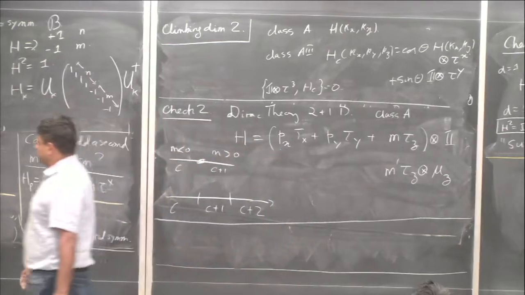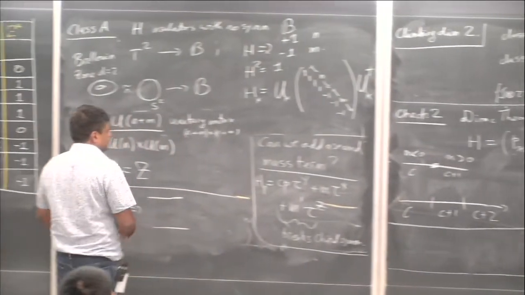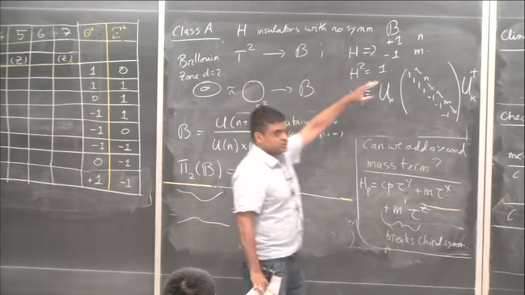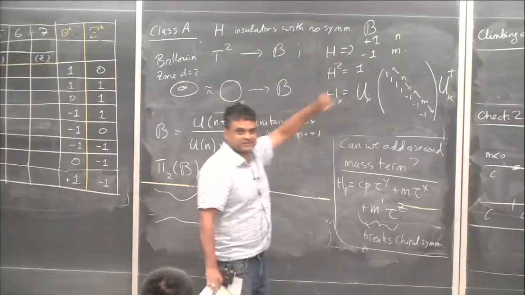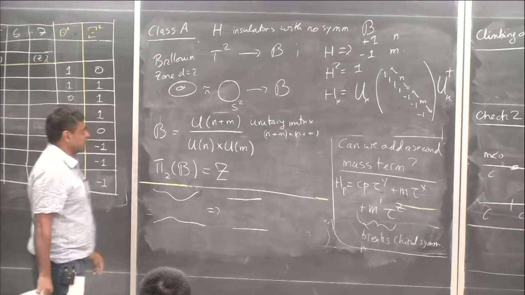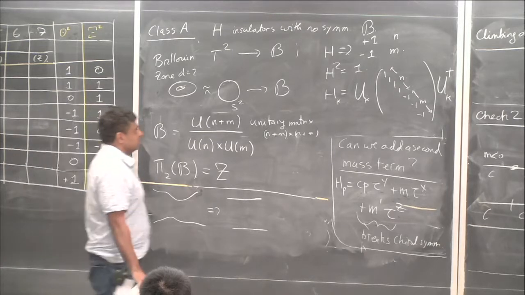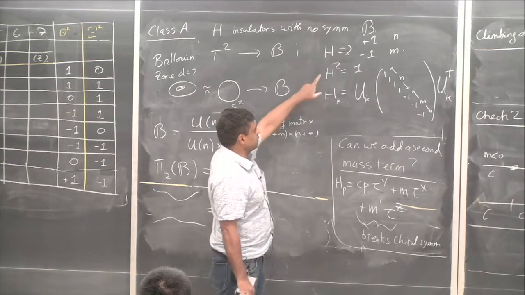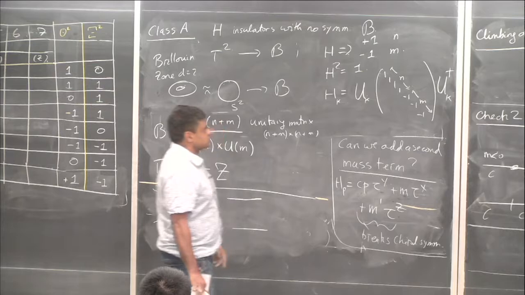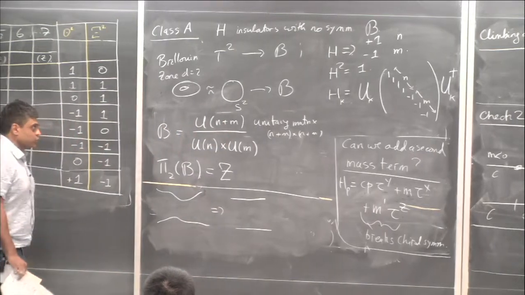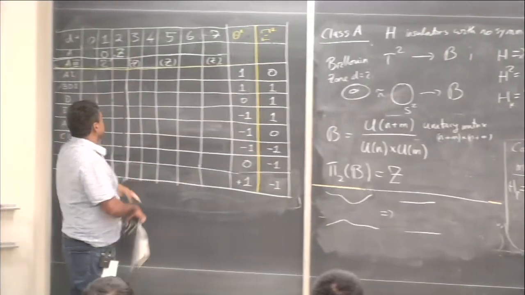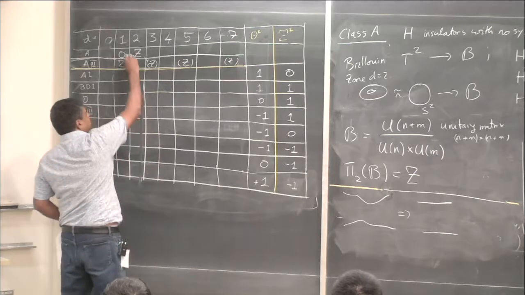For example, if n is 1 and m is 0, it doesn't work, and there are more serious restrictions. If you're very naive and try to classify just a single band, no symmetry in 3 dimensions, we're going to see by the same logic this 0 goes here.